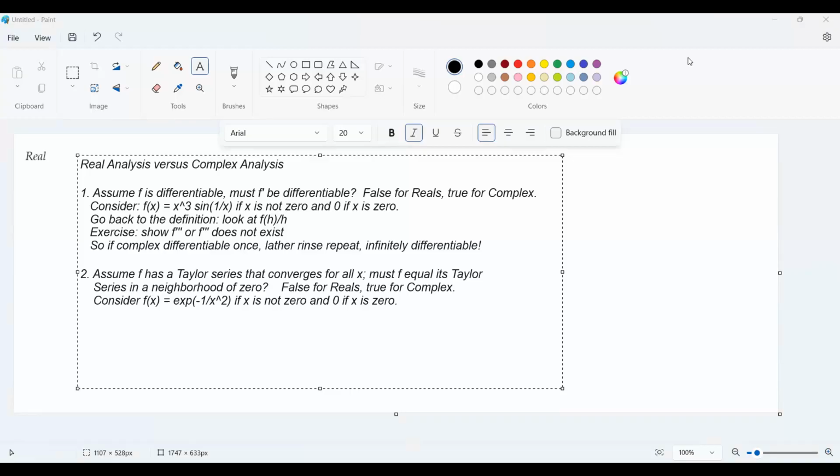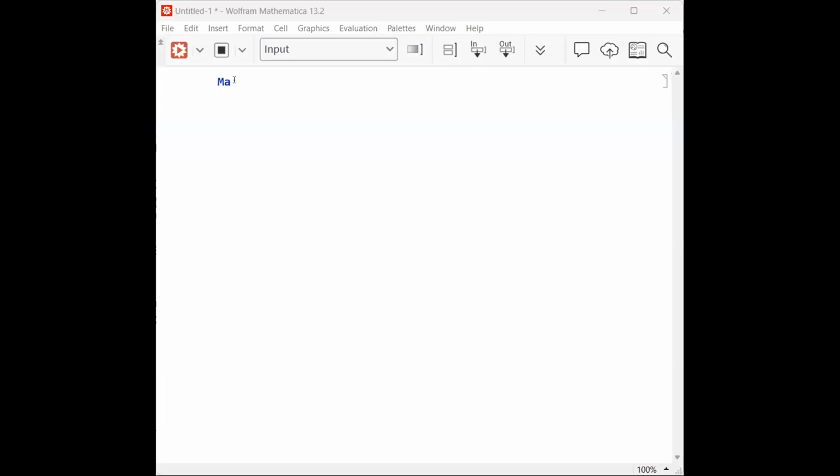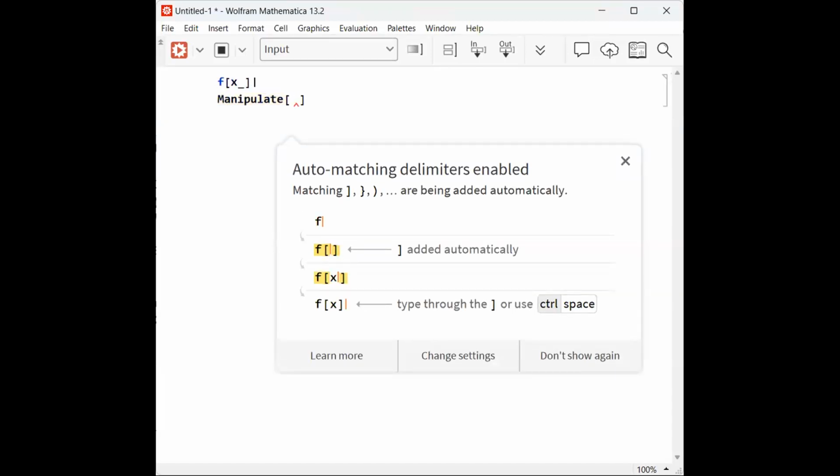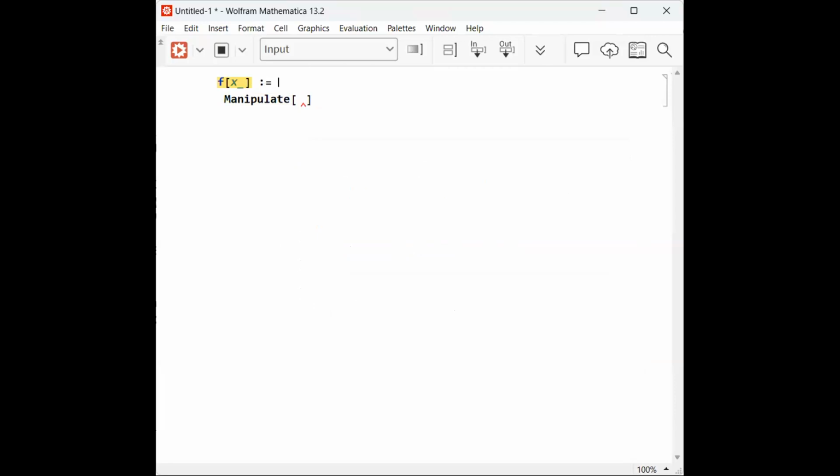I'm going to just quickly go to Mathematica for a second. Mathematica has a beautiful command called Manipulate. I'm going to do two things. First, I'm going to define f of x to be: if x equals 0, it'll be 0; otherwise, it'll be exponential of negative 1 over x squared.